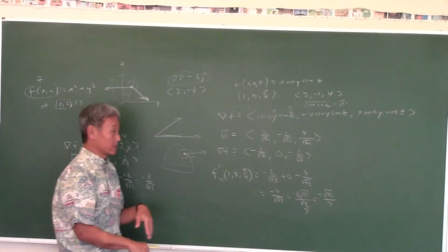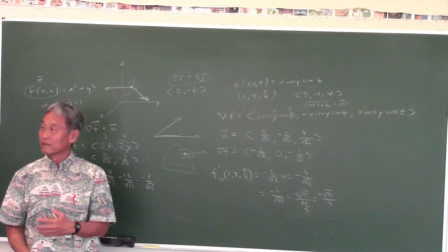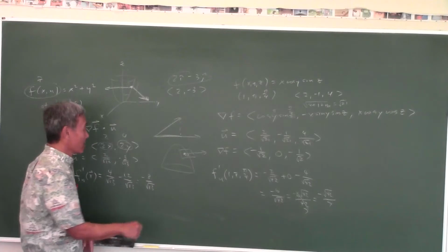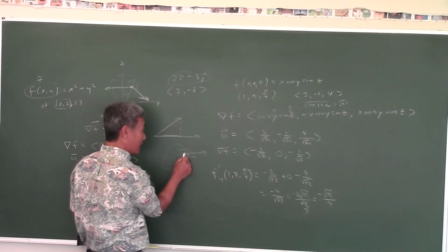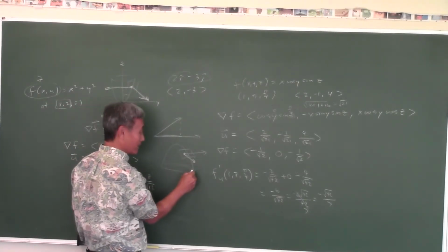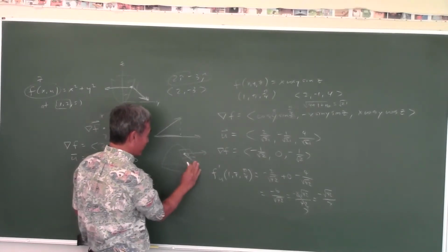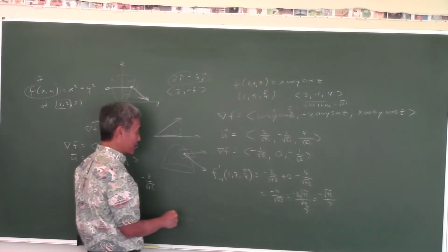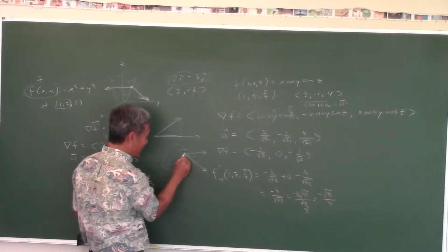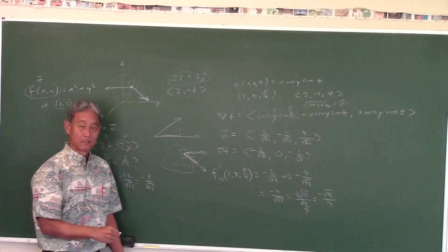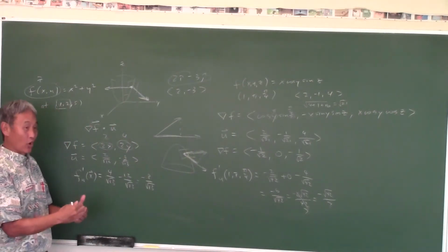The function is increasing. Because if you look in a different direction, then the component of the gradient, maybe I should make it longer. Let's say you look in that direction. The component of the gradient over there is only going to be this. It's not going to be as long as this one. Right, it's going to be shorter.